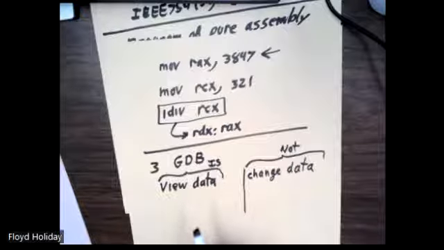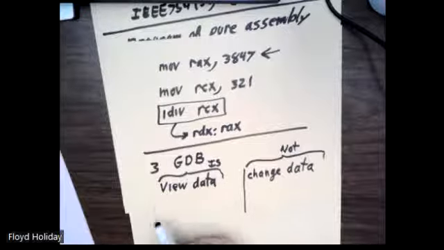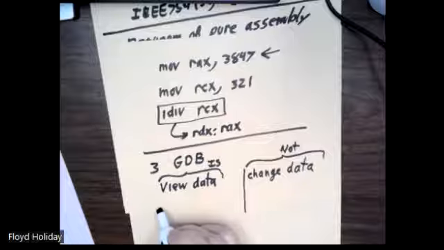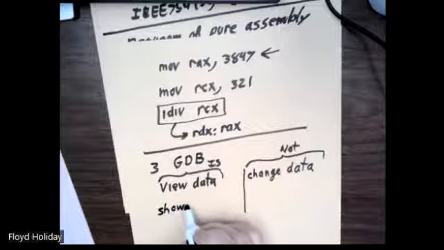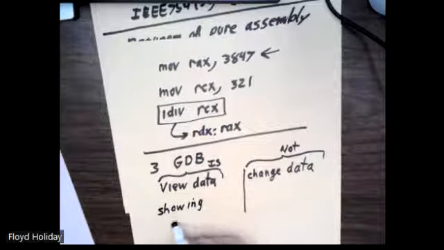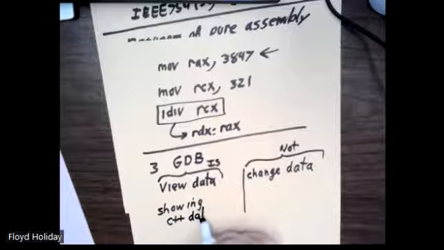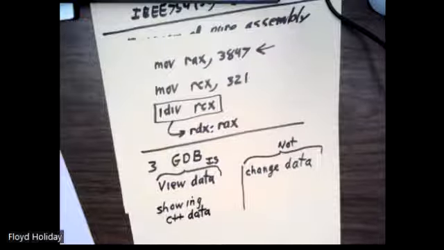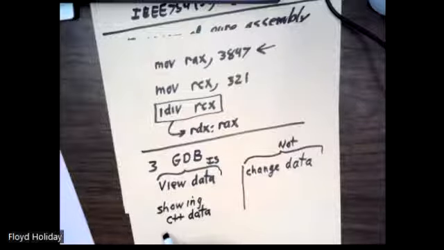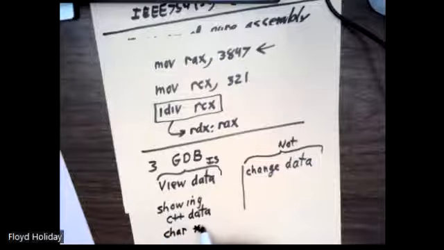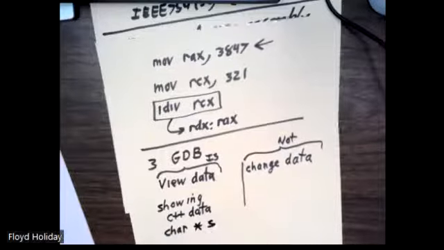All those that I just named are stored in C++. So showing C++ data. And that includes pointer data, including strings. This kind of string, and this kind of string.